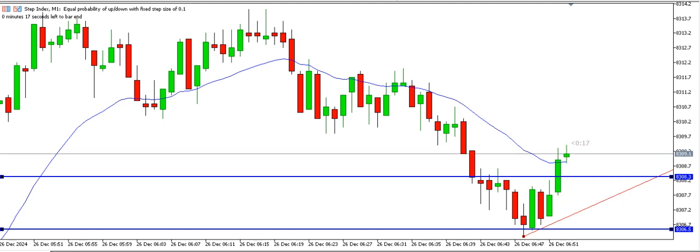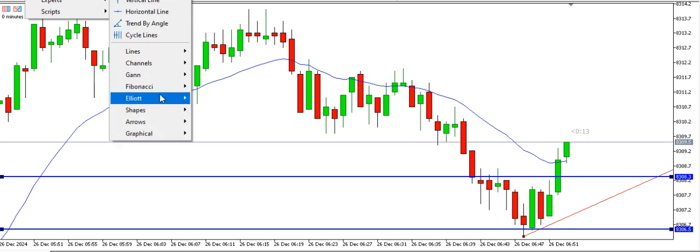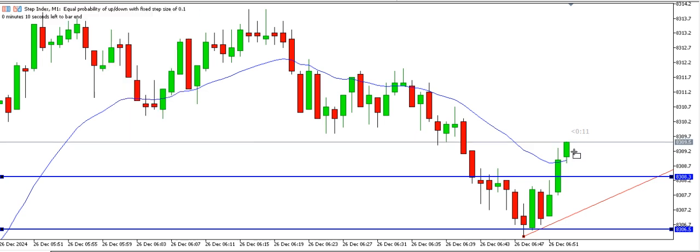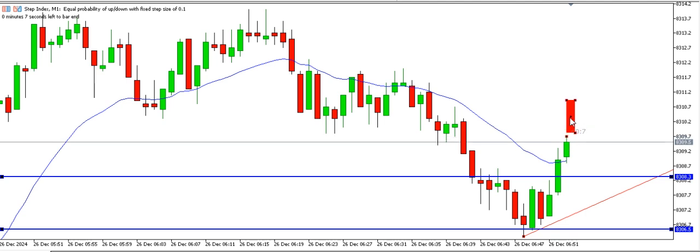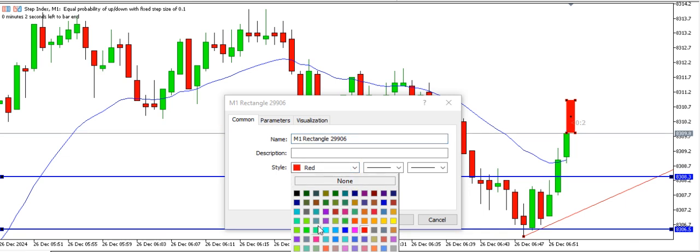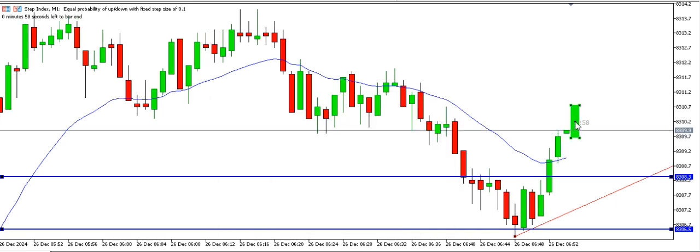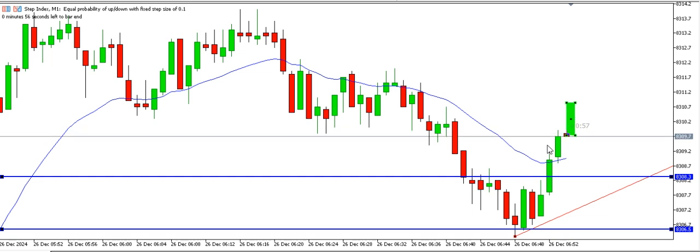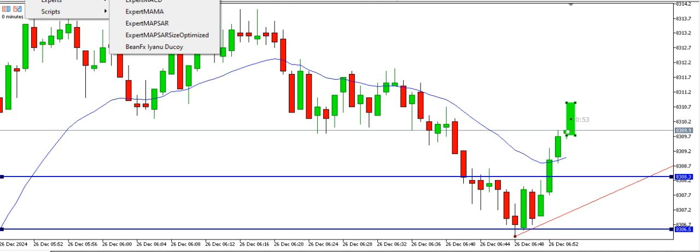So if we see 3 clear bullish candles, like this is a bullish candle, if we see another bullish candle, okay, we see another one forms here, that'll be 1, 2, and another third one.